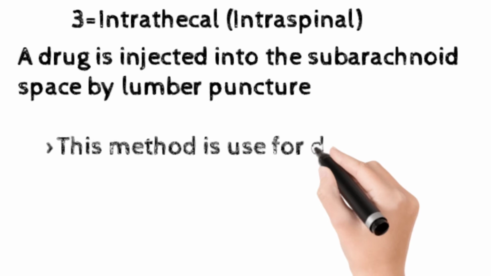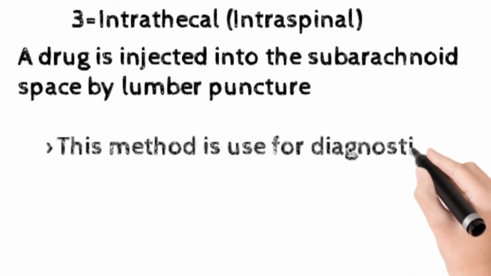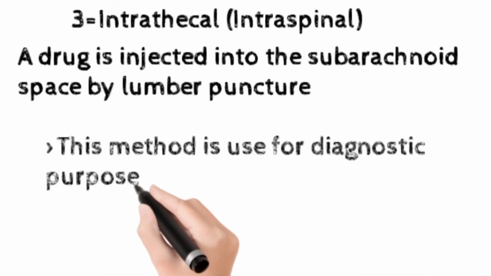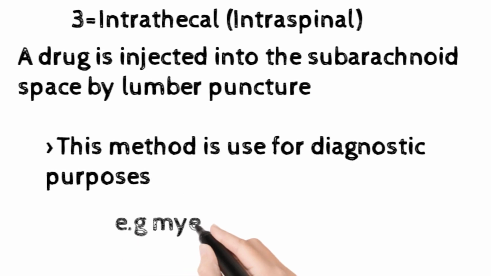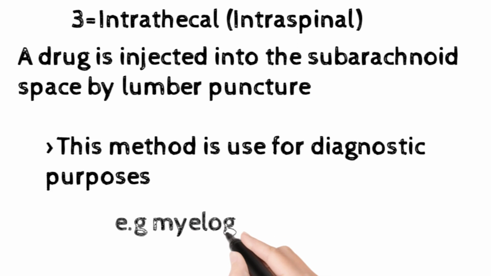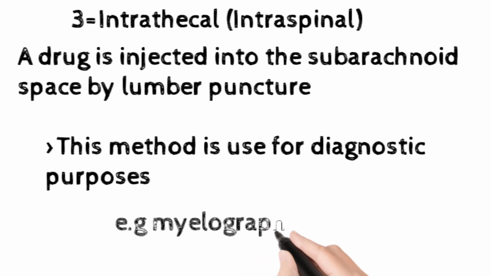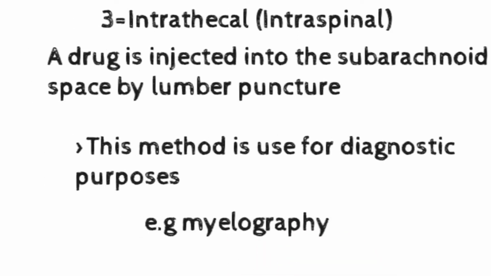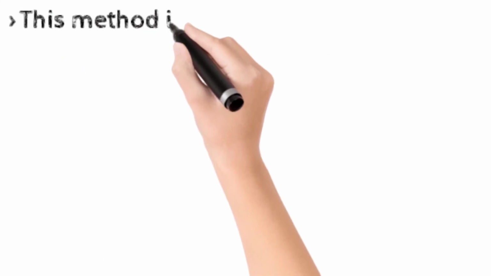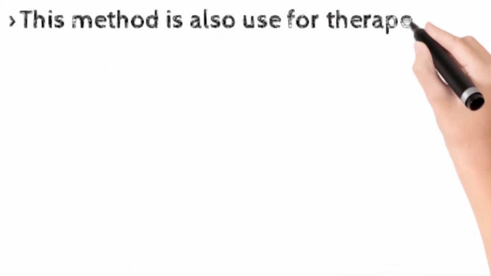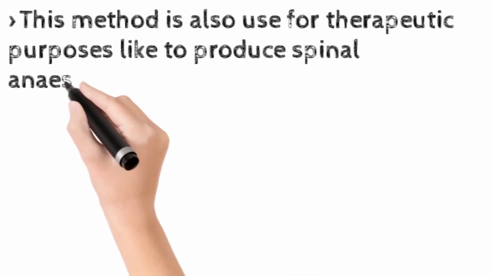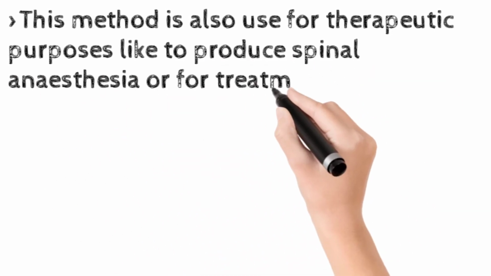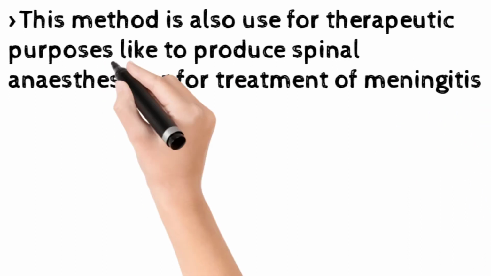This method is used for diagnostic purposes, for example in myelography. And this method is also used for therapeutic purposes, like to produce spinal anesthesia or for the treatment of meningitis.